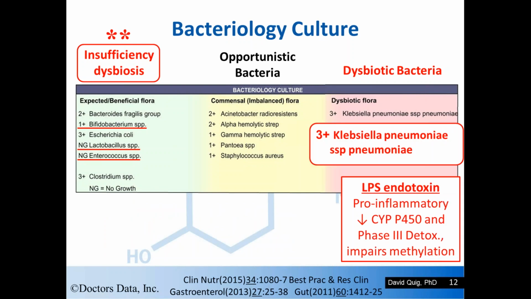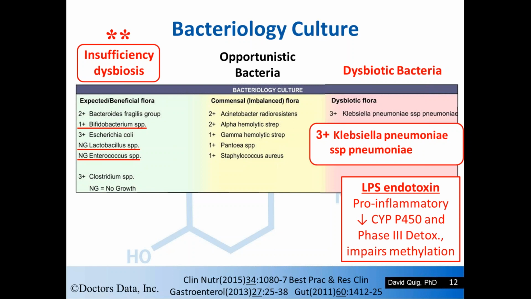Now, this train wreck often results in the overgrowth of dysbiotic bacteria, in this case Klebsiella pneumoniae, species pneumoniae at 3+, and Klebsiella is a gram-negative bacteria that is very abundant with the cellular constituent, the lipopolysaccharide endotoxin.